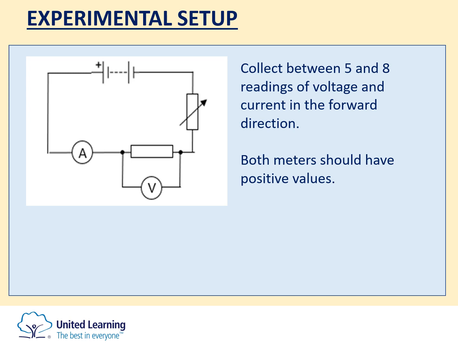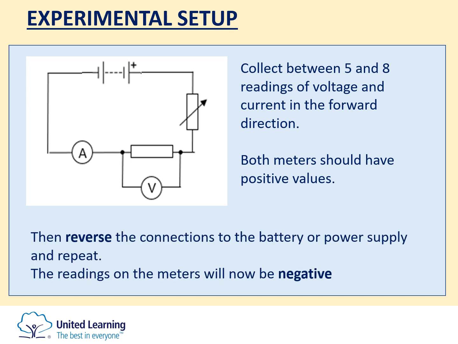Once you've collected those readings, you then disconnect the power supply, disconnect the battery, and swap the connections round. This will cause the current to go through the circuit in the other direction, and that will cause the readings on the voltmeter and the ammeter to become negative. You will then have two sets of readings, one in the positive direction and one in the negative direction.